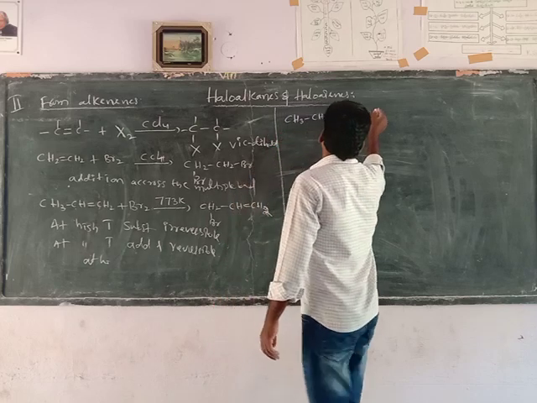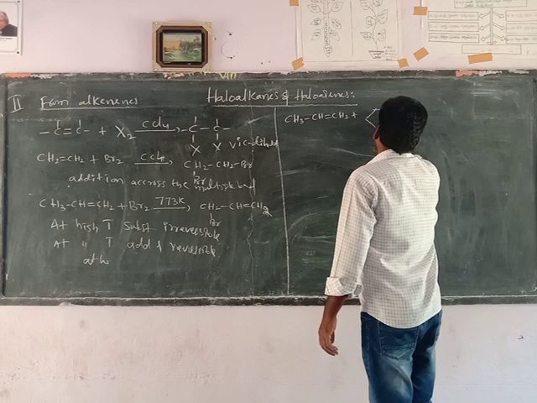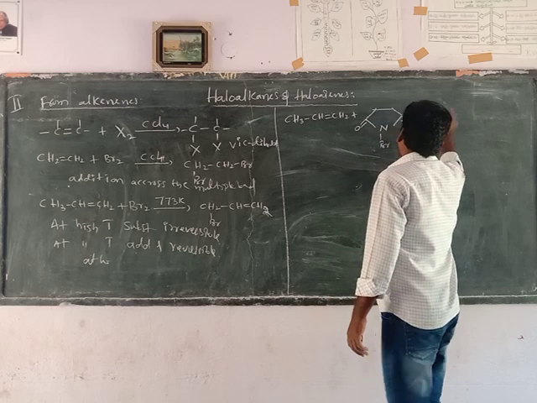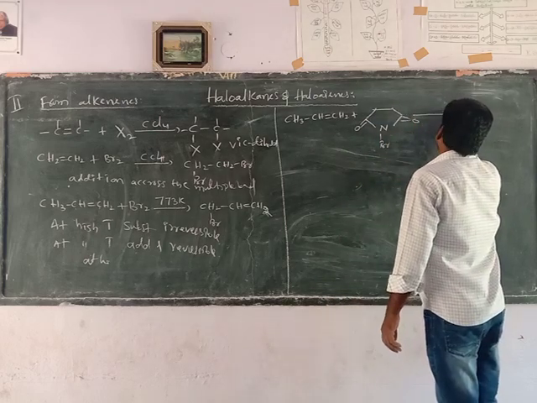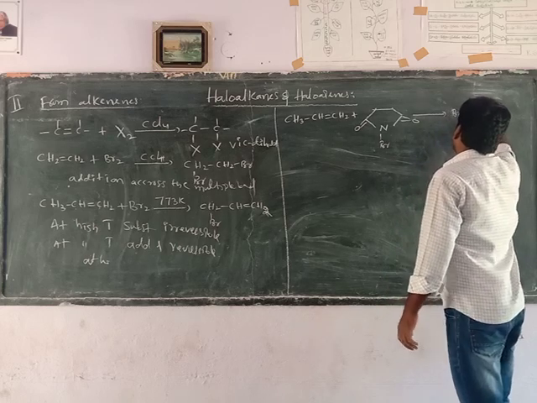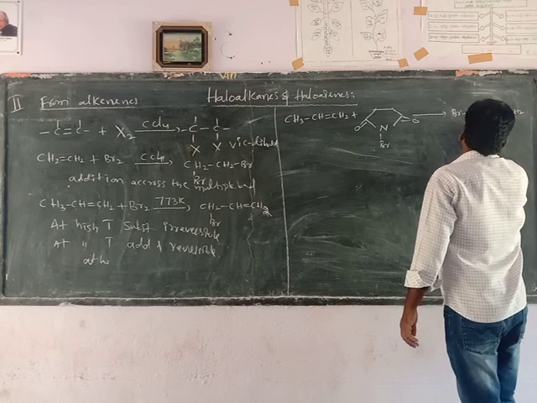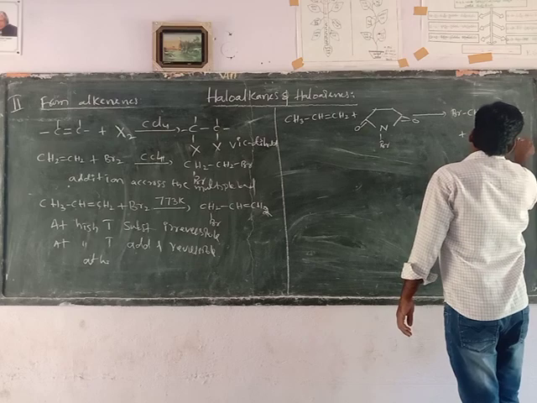Propene reacts with N-bromosuccinimide to form allylic bromide. The allylic position is substituted with bromine, plus succinimide will form as a byproduct. This is succinimide.